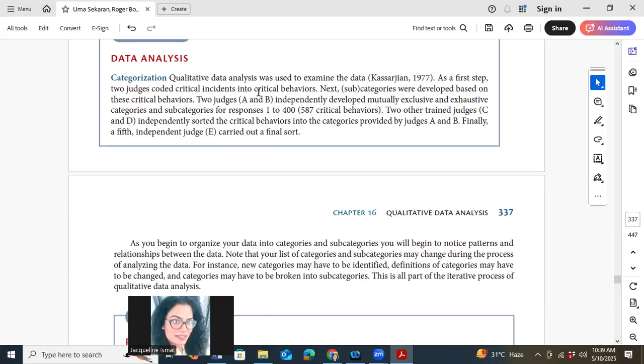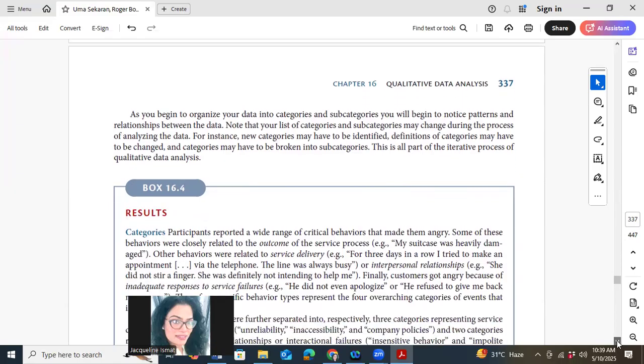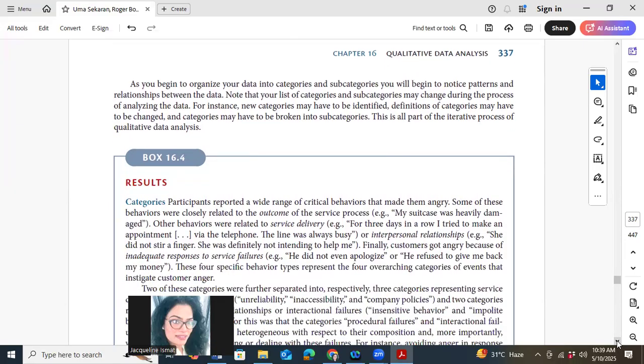And two other trained judges, C and D, independently sorted the critical behaviors into the categories for the judges, and finally, this is how it's carried out. So, unless we do an example, we won't be able to figure it out.